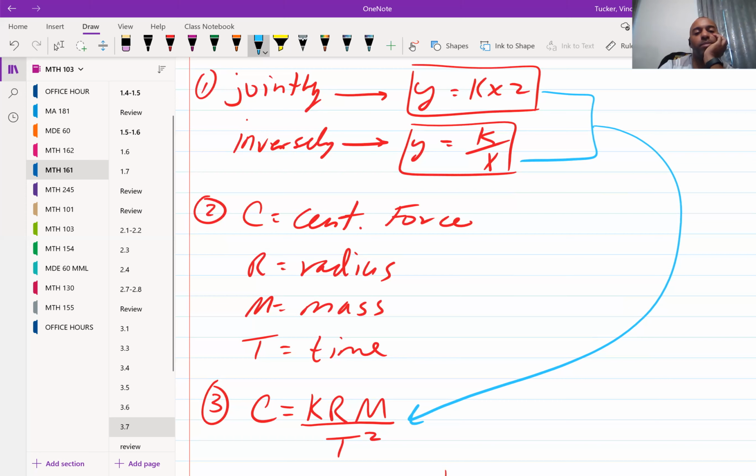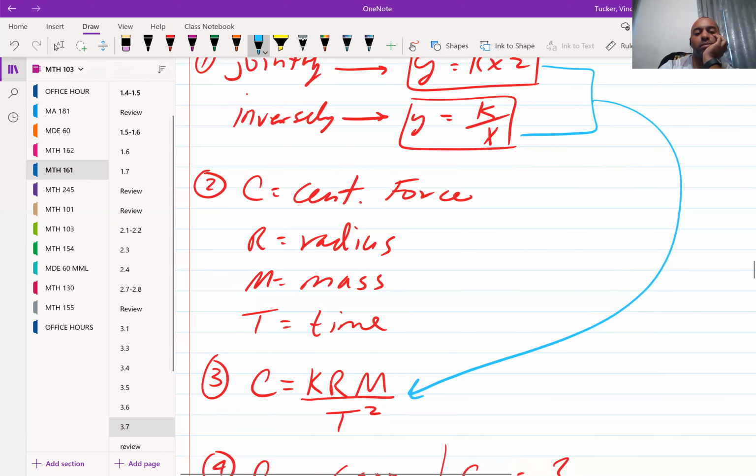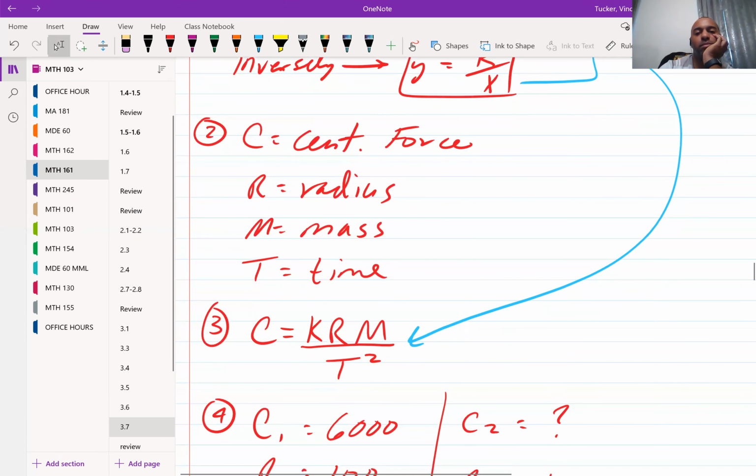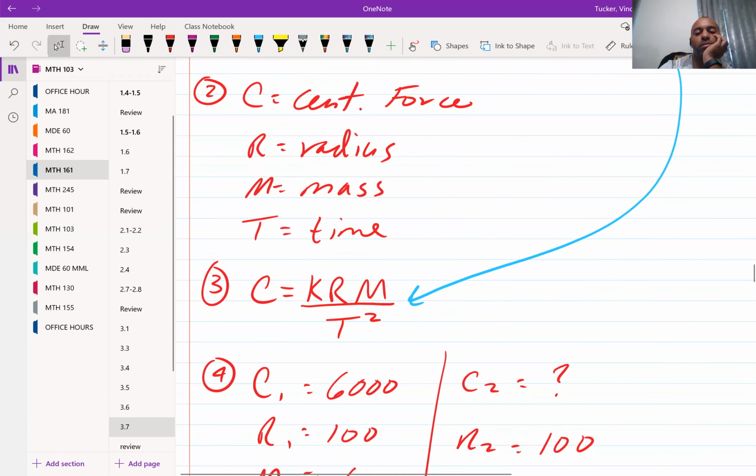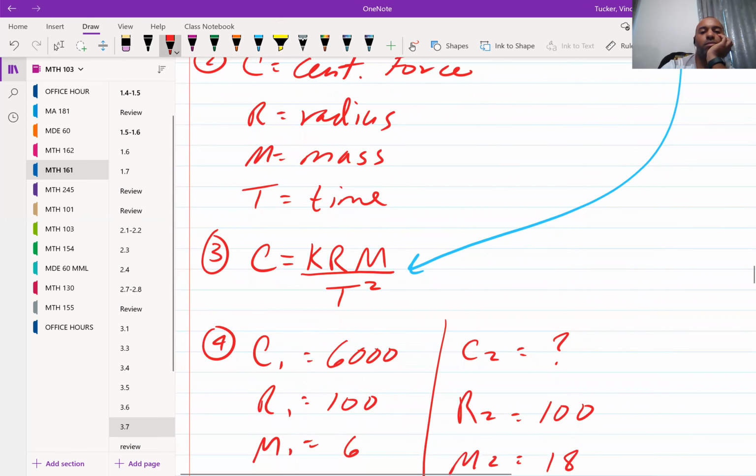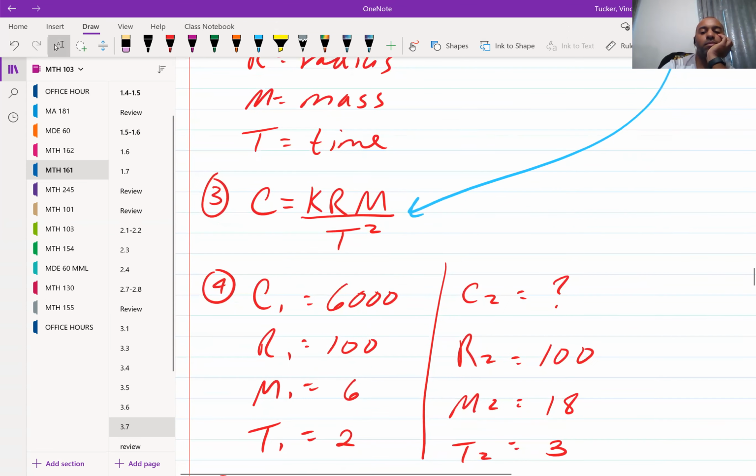Any problems, any problems? All right, so once again, write down the given information.